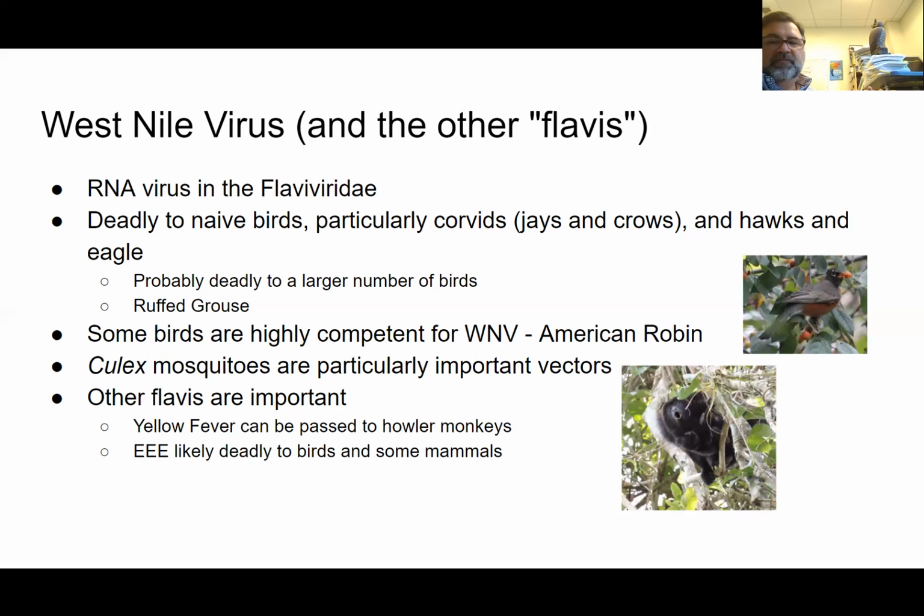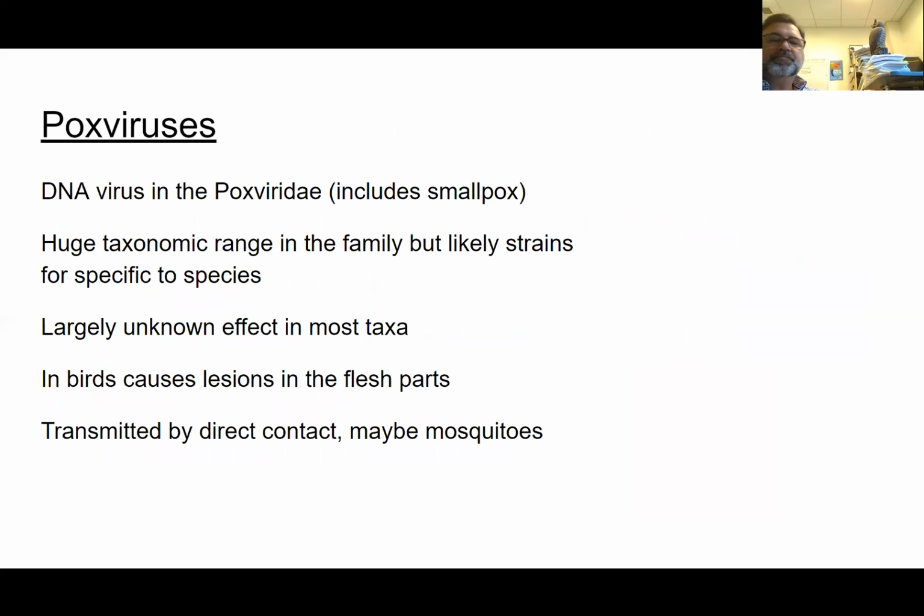And these are emerging infectious diseases. So right now they're kind of simmering at low levels. Every once in a while there's an outbreak, and we're just discovering how important these diseases are to wildlife.